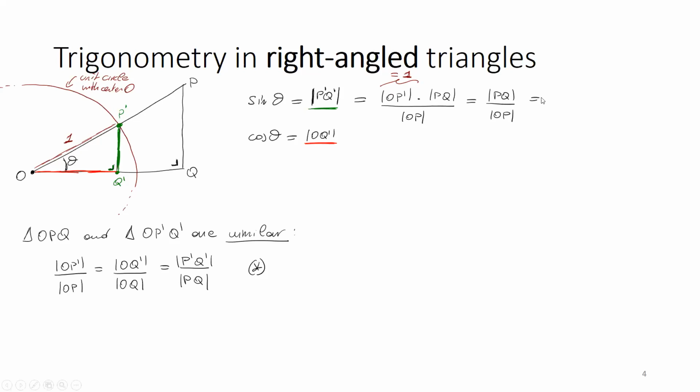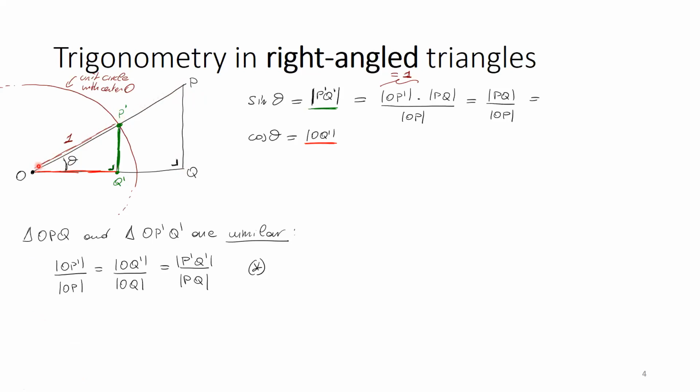And now if I stop calculating for a second and I look at the triangle, I'll just take the laser pointer, I don't want to mess up my figure. I have obtained an expression that says sine theta is equal to the length PQ, so the opposite side of the triangle, divided by OP.